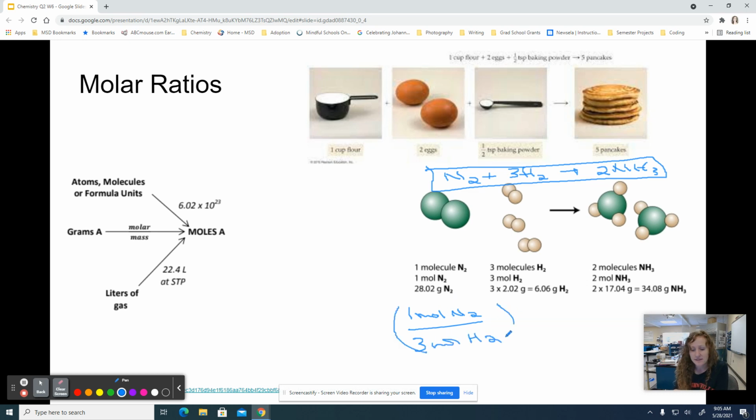Now, this is a conversion factor. The top is equivalent to the bottom for this recipe or for this reaction. So as long as I'm in this reaction, I can use this relationship between nitrogen and hydrogen. If I change the reaction, my conversion factors are going to change. So these conversion factors are specific to one reaction.